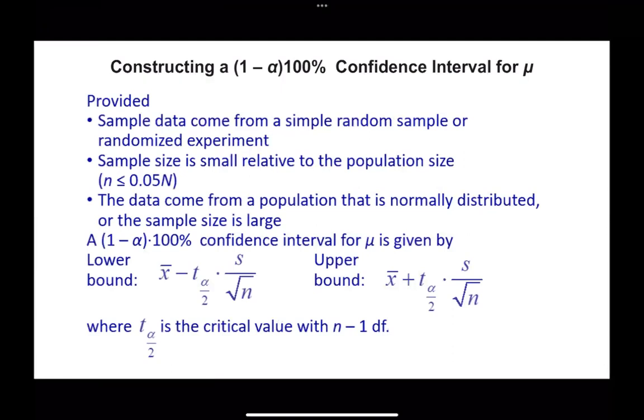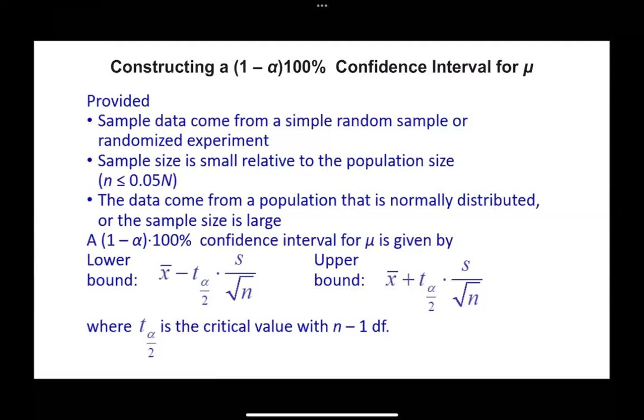Our sample size has to be less than 5% of the population, and either the population needs to be normally distributed or our sample size needs to be at least 30. They should tell us that. Just assume every question I give you comes with all of that, all right?